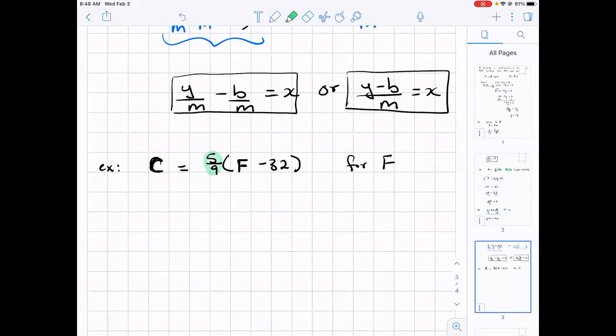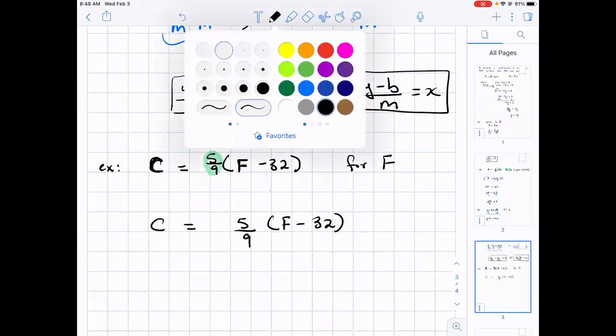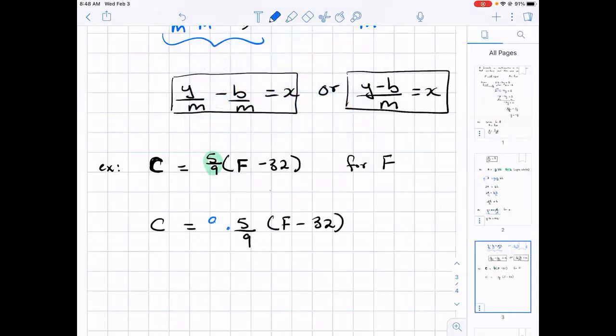It doesn't make sense to distribute it, although you could, but we don't want to create work. So we saw to remove a fraction, we multiply both sides by the reciprocal. So we will multiply both sides by 9 over 5.